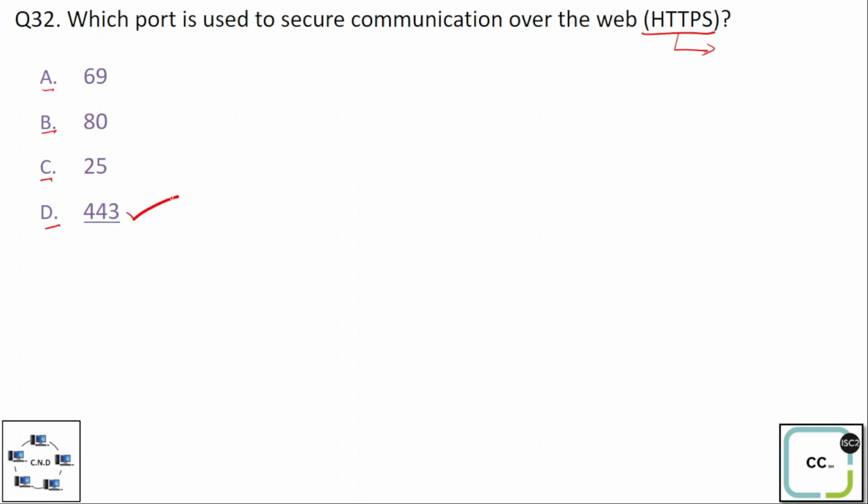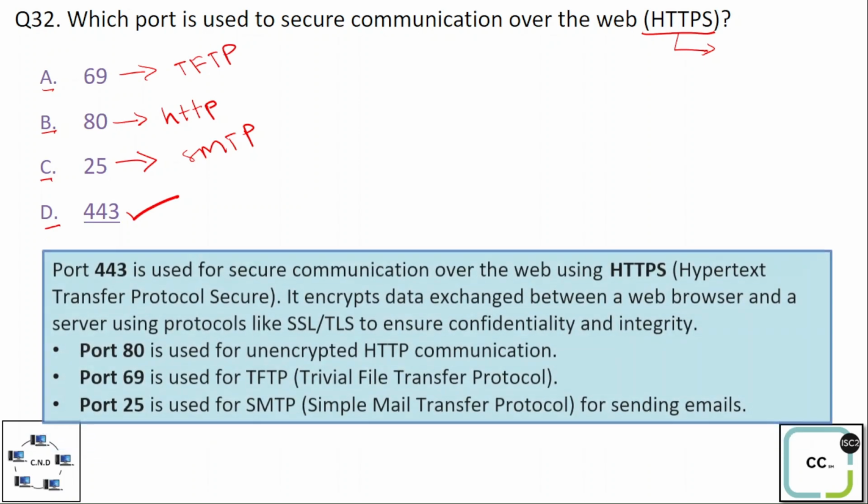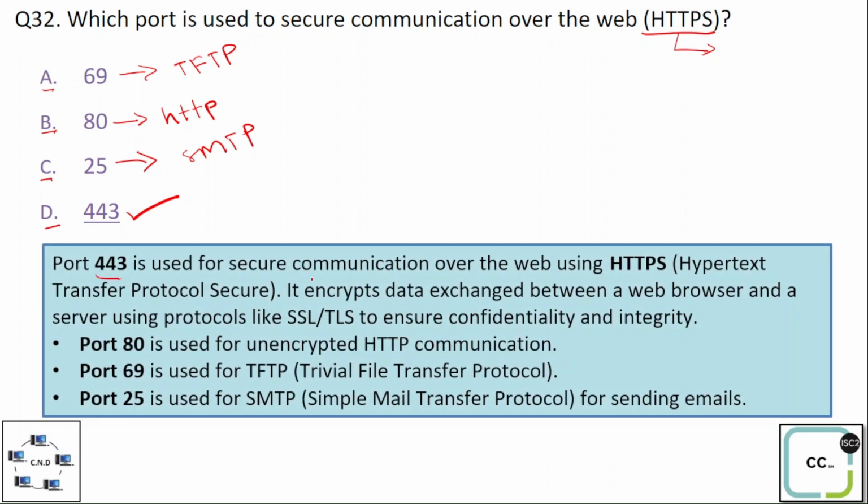HTTPS uses port number 443, but port 80 is used by HTTP, which is the unsecure counterpart of HTTPS. Port 25 is used for SMTP, Simple Mail Transfer Protocol, and 69 is, I think, used for TFTP, Trivial File Transfer Protocol.